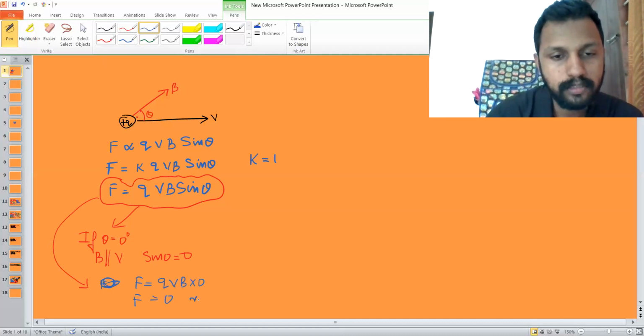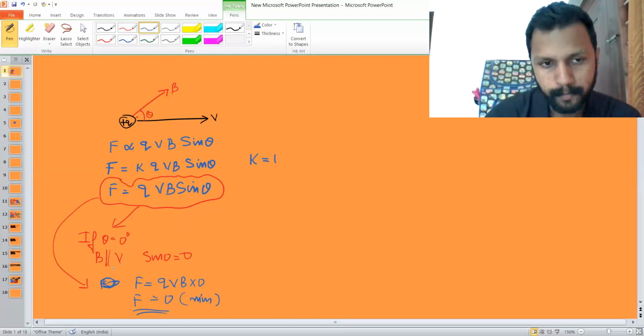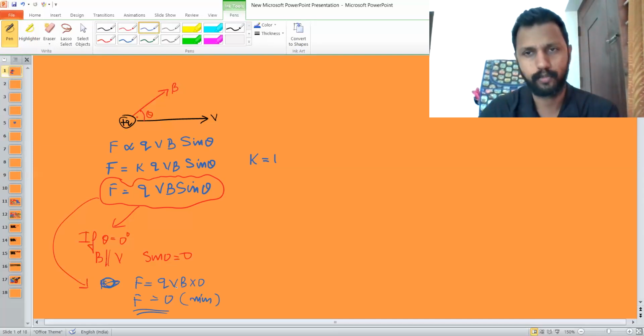Therefore, the force is minimum, or the force will become 0 at an angle of 0 degree. If the charged particle is moving in a parallel magnetic field, the force due to the magnetic field will be 0.